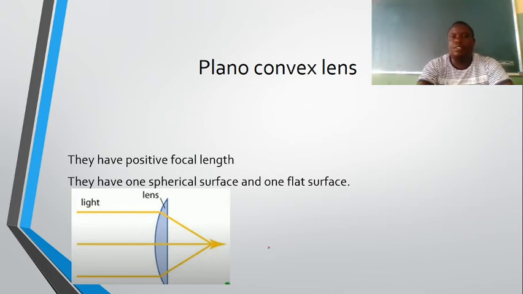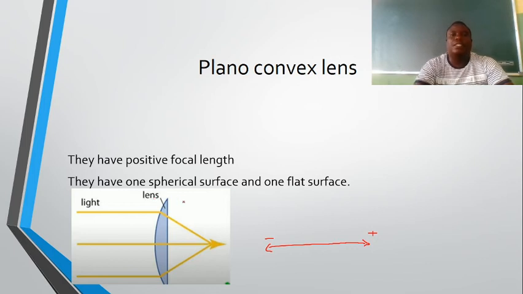When you try to trace, you know that here is negative, here is positive. Saying that the focal length is positive is because it is placed here on the side of positive infinity. So this focal length is on the positive side of the lens.